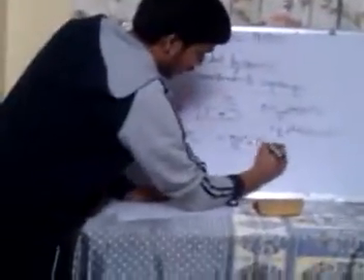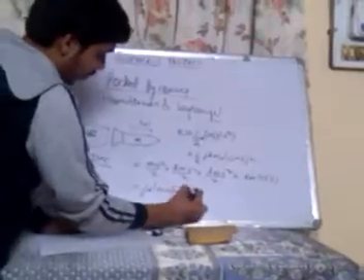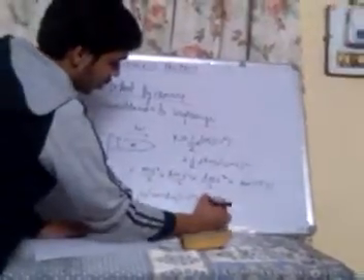Now, on expanding this, we get m v squared by 2 plus dm v squared by 2 plus dm c squared by 2 plus dm into c into v, which we can write as half into (m plus dm) into v squared plus dm c squared divided by 2 plus dm into c into v.